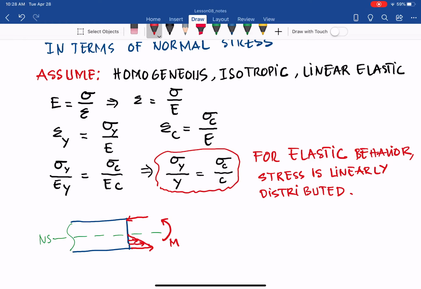The top will be compressed, or contracted, and the bottom will be in tension, or extended in length. So that's why the normal stress changes direction. With that moment, we have sigma in tension at the bottom, and of course at the top we have sigma in compression.